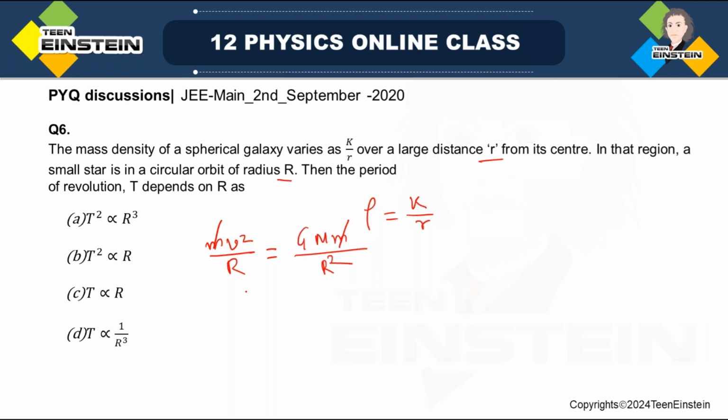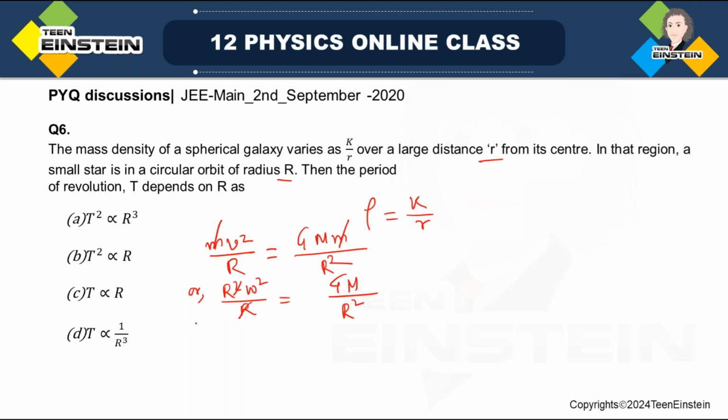Okay, all right. We can do one thing here. I can write v is equal to r omega. So I'll get r square omega square divided by r, equal to GM by r square. So this r goes like this.